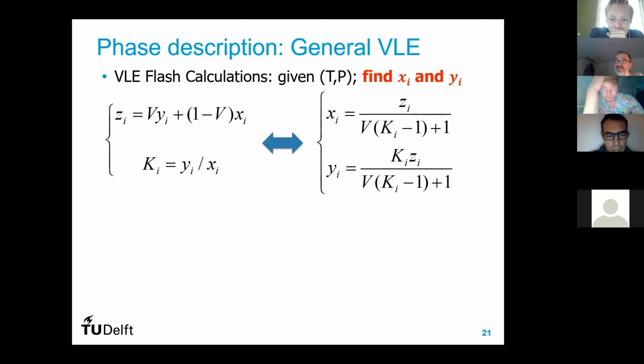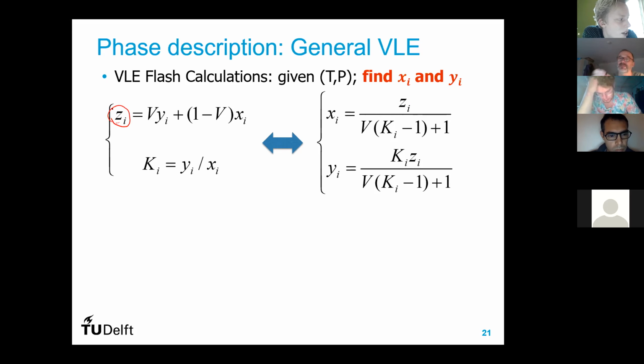Now, how will this relation look at the dew point composition? I forget. Okay, let's start with the bubble point composition. First of all, at the bubble point, I know that my Z is equal to X, right? If I'm on the bubble point composition, there is only the last bubble of gas.